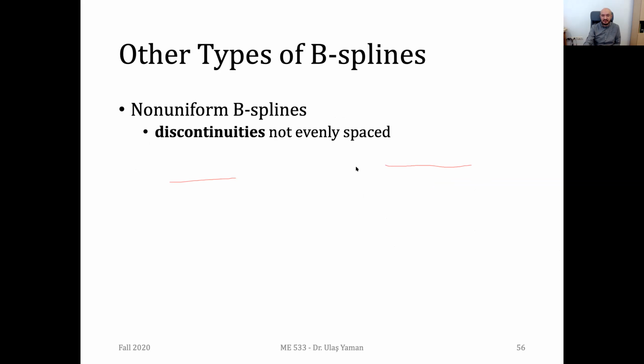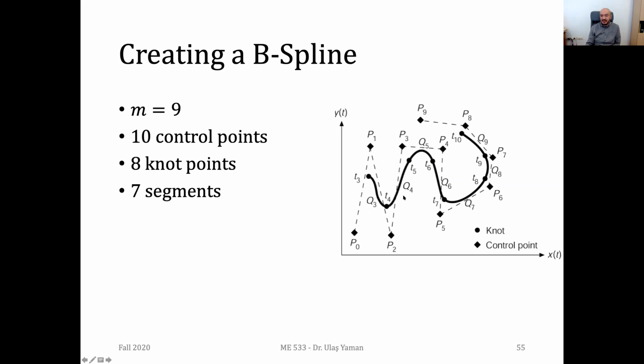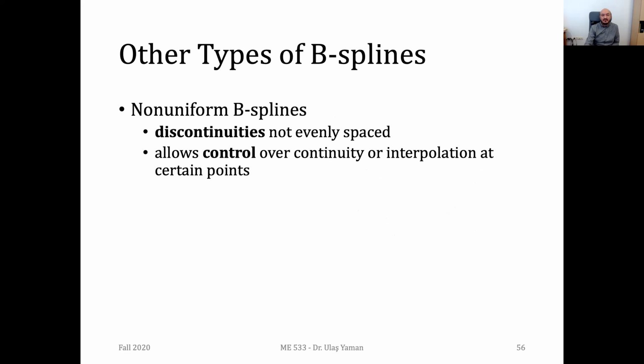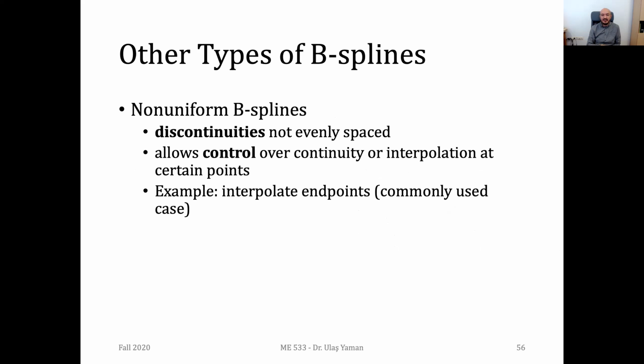And again, if you look at the previous one, this is fully an approximating B-spline. But now, with the help of non-uniform B-splines, we may have interpolation or approximation at some points. It's up to our definitions. We will see the details in a moment.